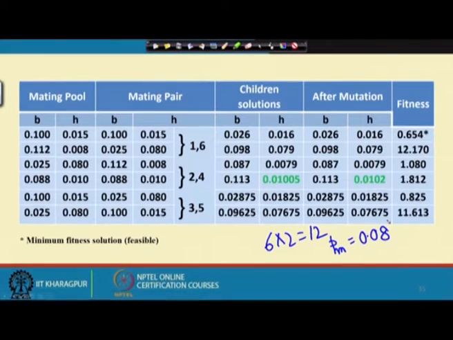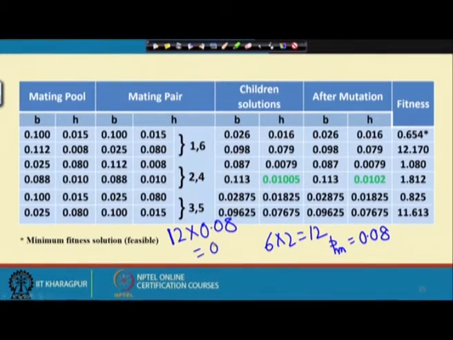Now, we will have to take one decision whether there will be any mutation or not out of these 12 numerical values. To decide that, we try to find out one number, that is 12 multiplied by 0.08.